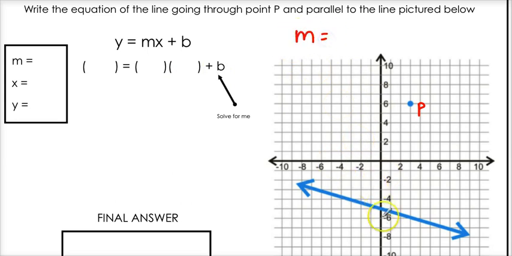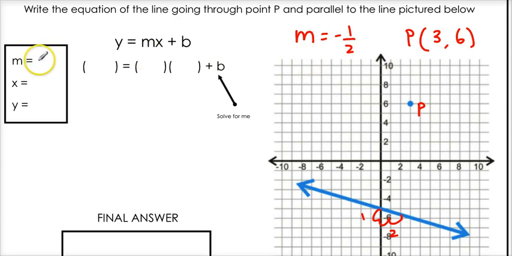Our slope of our line is going to be, we go down 1 over 2. So it's negative 1 over 2 because it's going down. And our point, which is P, is going to be 3, 1, 2, 3, 4, 5, 6. 3, 6. All right. So first thing to do is find the slope and find your point.